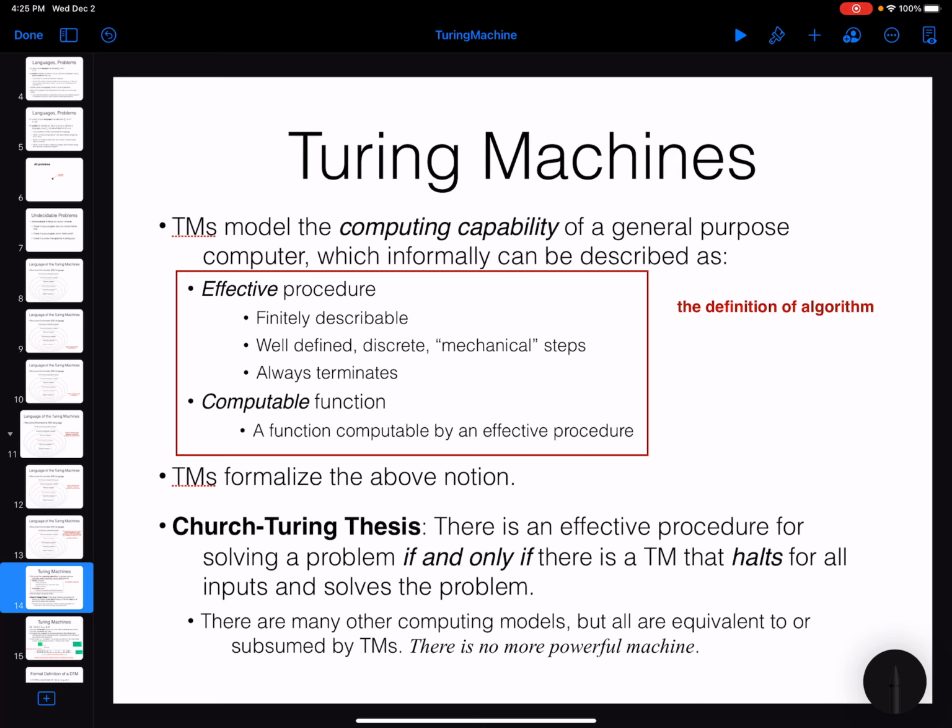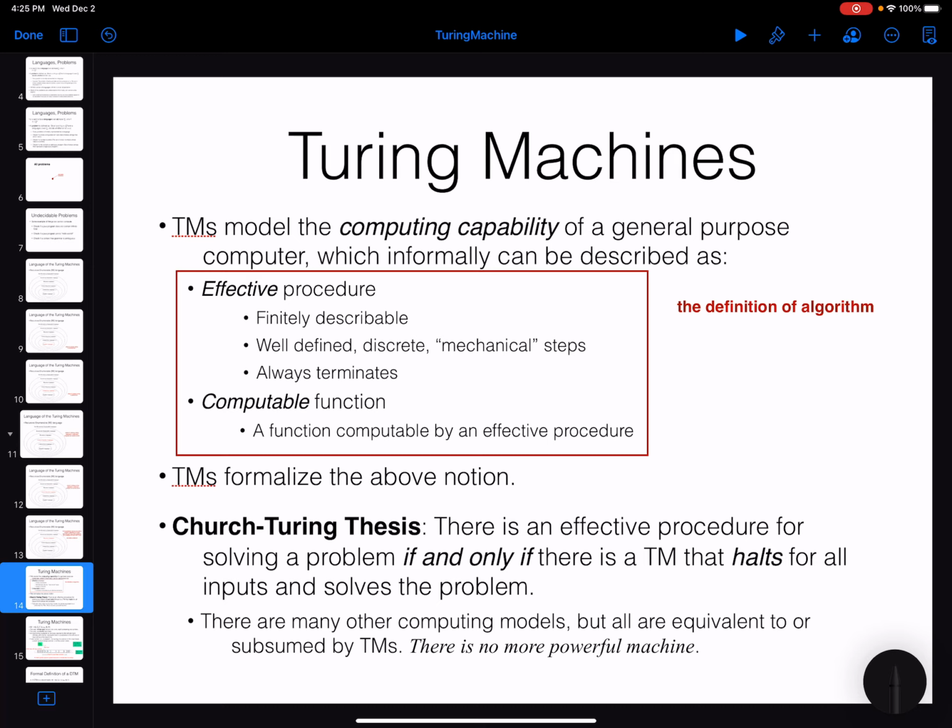The Church-Turing thesis states exactly this: if there is an effective procedure to solve a problem, which means that your problem is decidable, you should be able to write a Turing machine for it that halts over all the inputs and solves the problem.